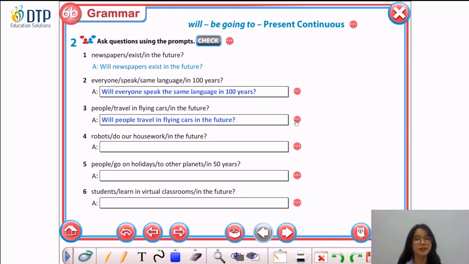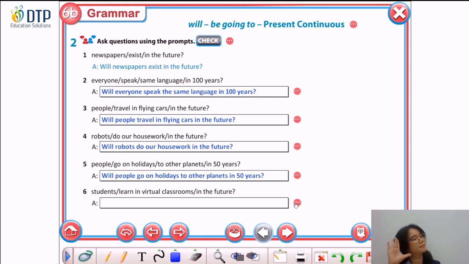How about question 4? Let's see if you're correct. Well done. Question 5. Excellent. And the last question, could you tell me the answer? Amazing! You've done a great job in forming the questions.